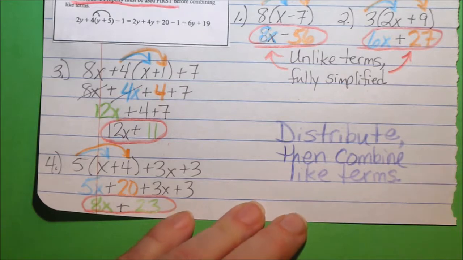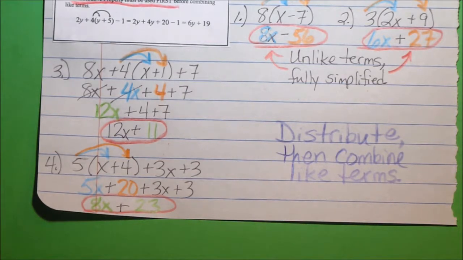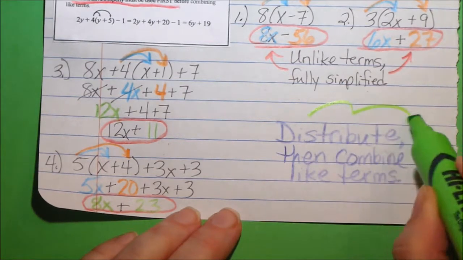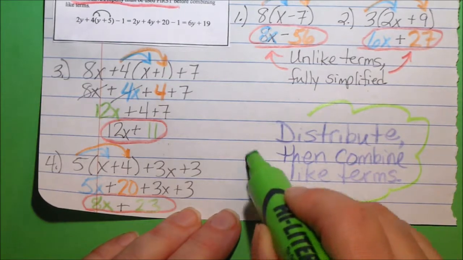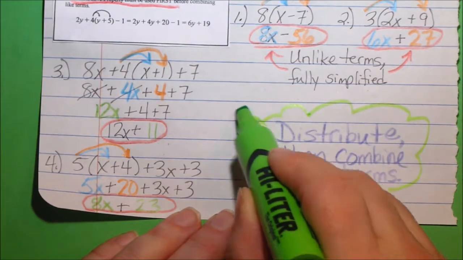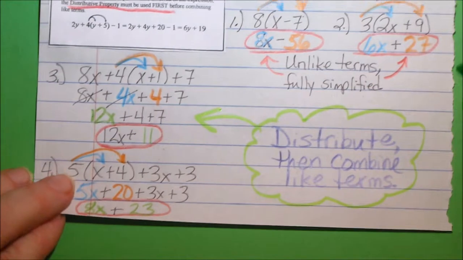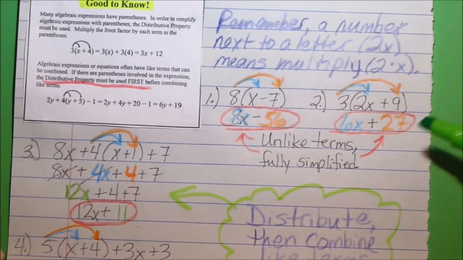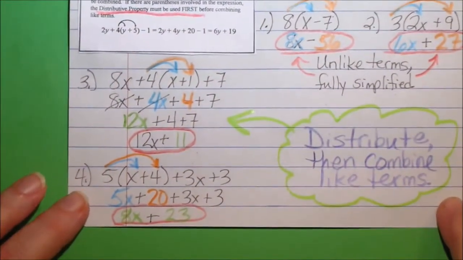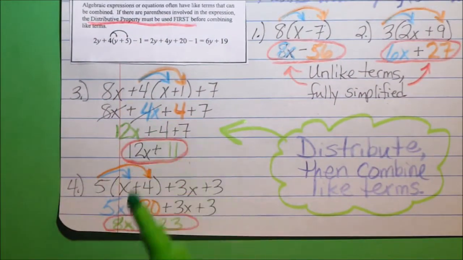Okay, distribute, then combine like terms. That's what we're doing when simply distributing doesn't get us down to no like terms. Okay, so we didn't have to combine any like terms up here, nice and simple, but when they make them a little bit more complicated like down here, we have to do the distributing and then combine any like terms.